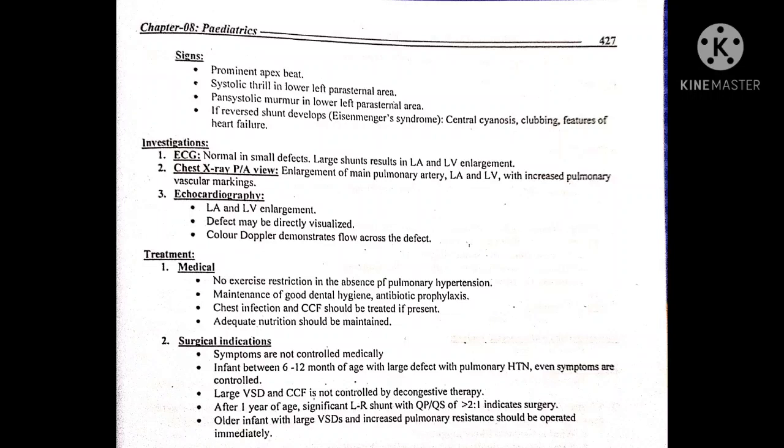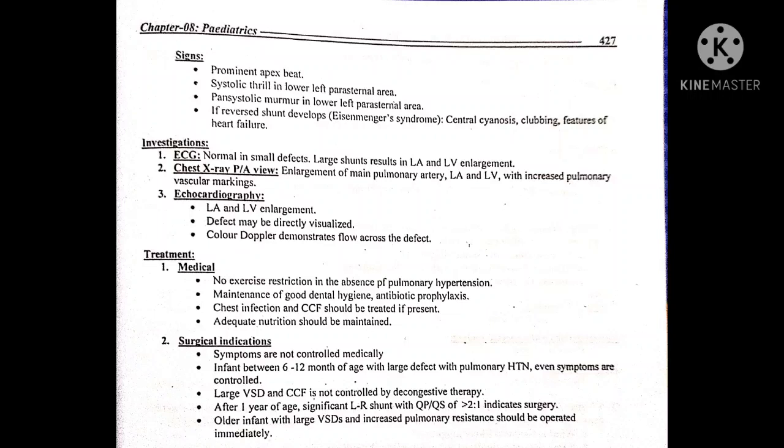Investigations consist of ECG, which is normal in small defects, but in large shunts shows left atrial and left ventricular enlargement. In the chest X-ray posterior anterior view, we can see enlargement of the main pulmonary artery, left atrium and left ventricle with increased pulmonary vascular markings.